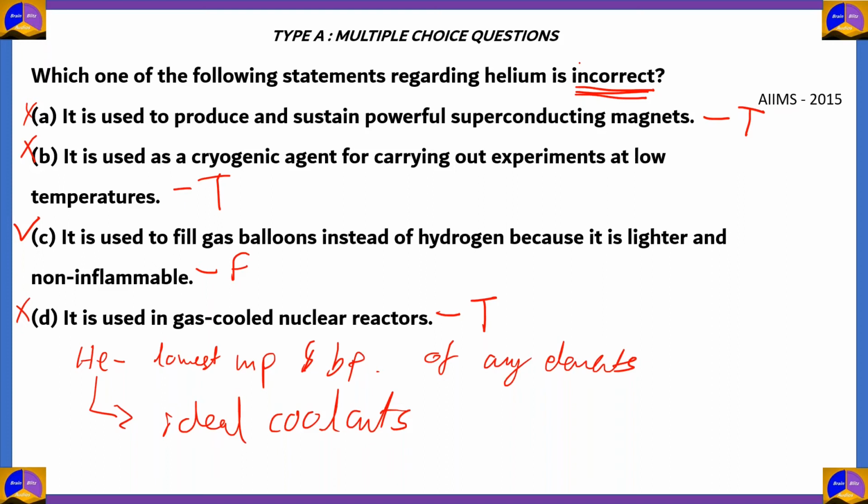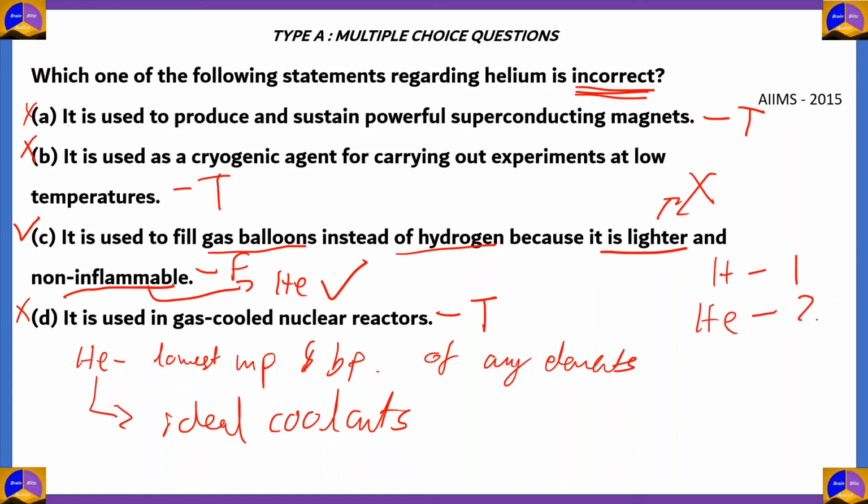Now, why is statement C incorrect? It is used to fill gas balloons instead of hydrogen, because it is lighter and non-inflammable. Well, helium is non-inflammable, but it's not lighter. The atomic number of hydrogen is 1, while the atomic number of helium is 2. That means hydrogen has 1 u, which is 1 atomic mass unit, while a helium atom will have 4 atomic mass units.